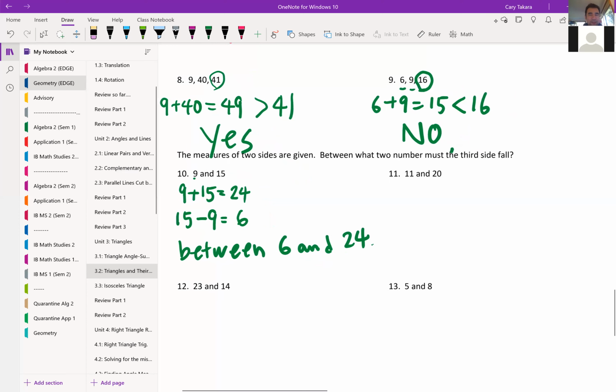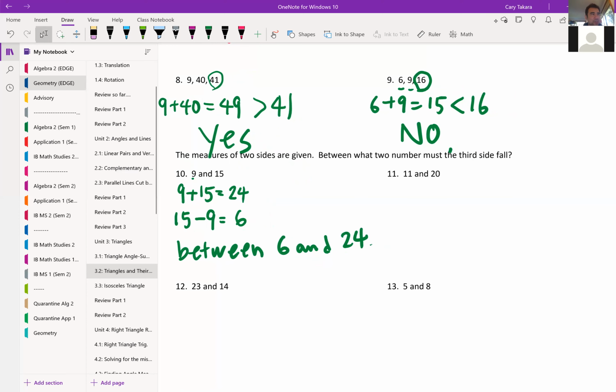So let's do number 11. What would you do? What's the highest number that you can go to? How do you figure that out? One more time, you are going to add those two numbers. 11 plus 20, which is, very good, thank you, 31.